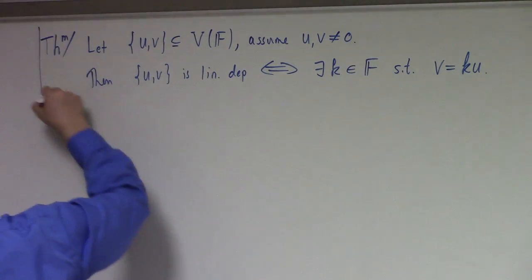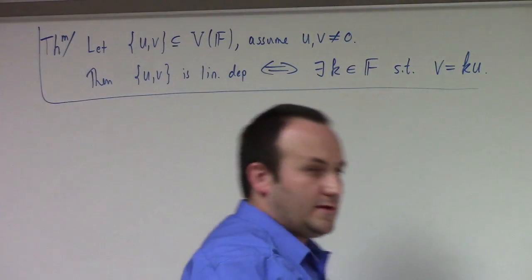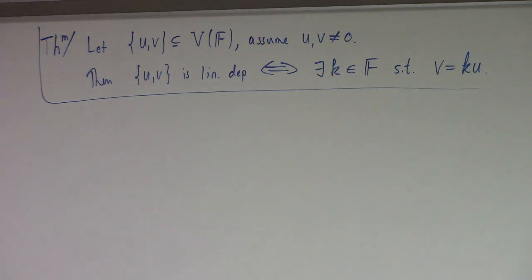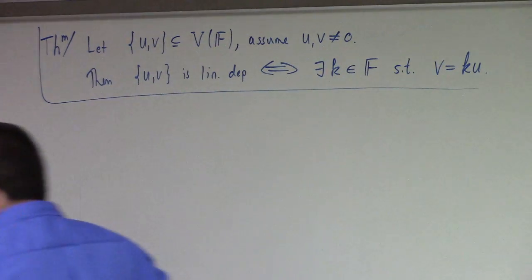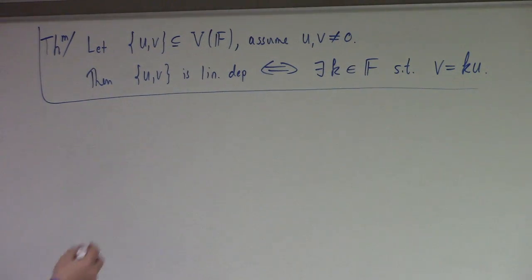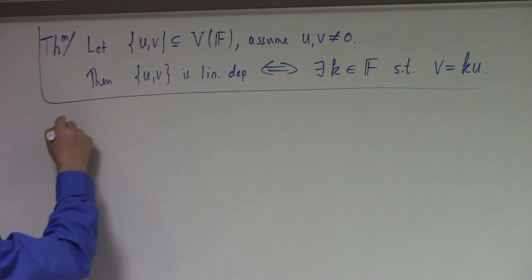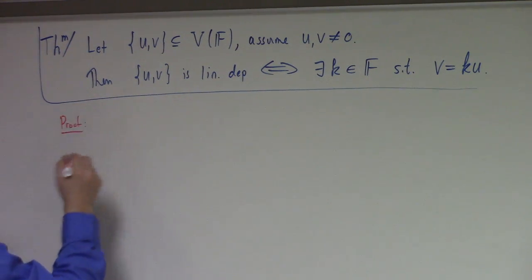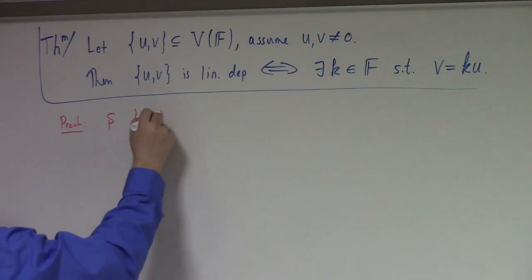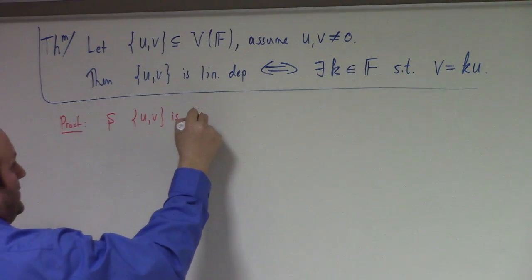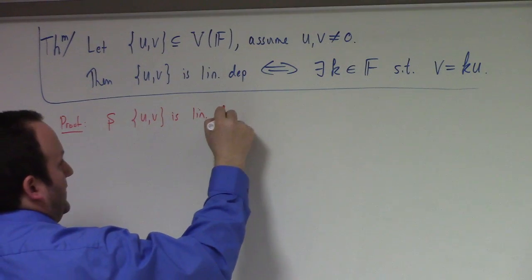I wanted to prove something a little bit easier before we jumped off the deep end over there. All right. So let's see here, proof. Assume U, V is linearly dependent, right?